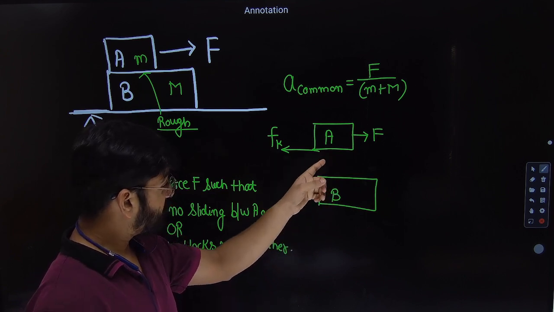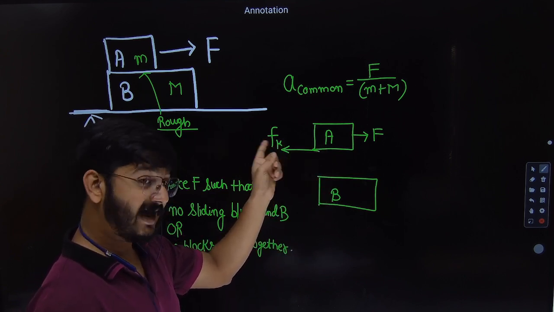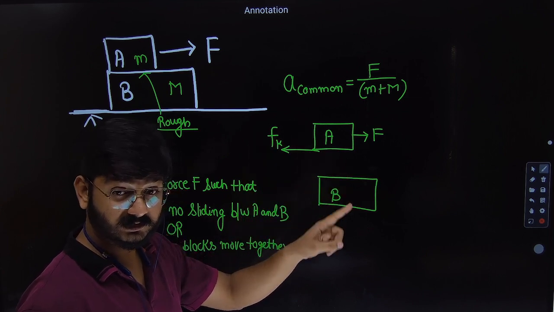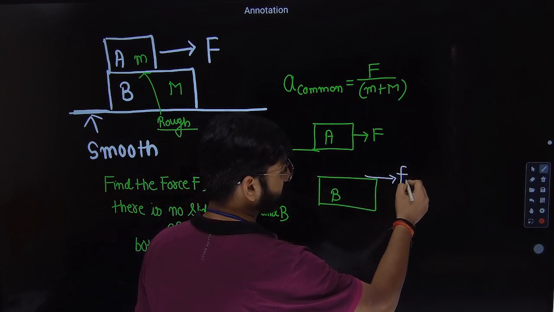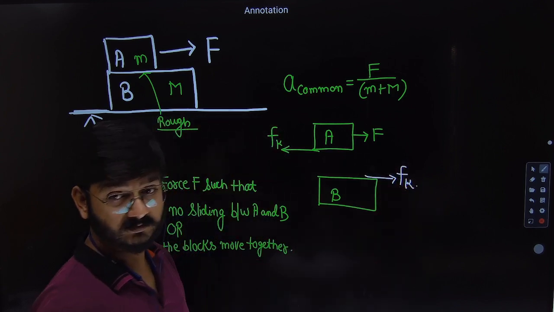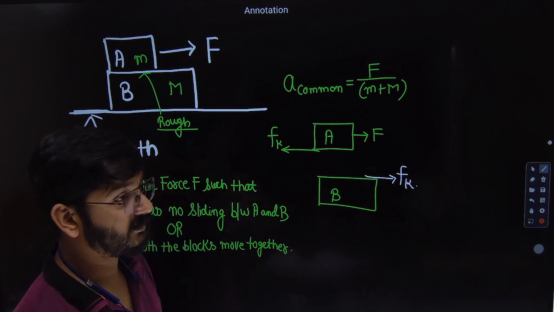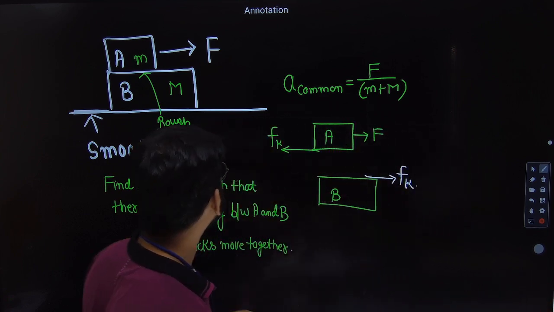So between A and B, we have this force. If this force is the action, the reaction should be equal and opposite. So the reaction will be in which direction? Any problem? If you're not comfortable, there's one more thing.